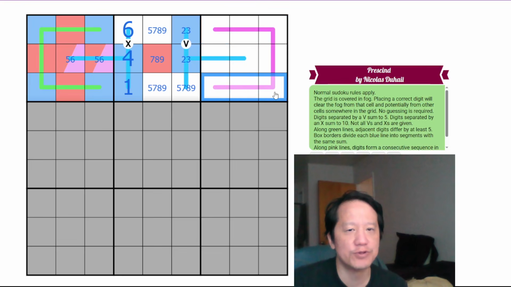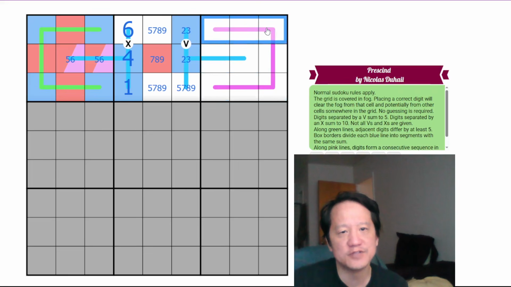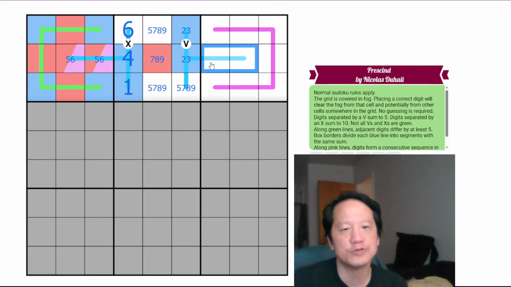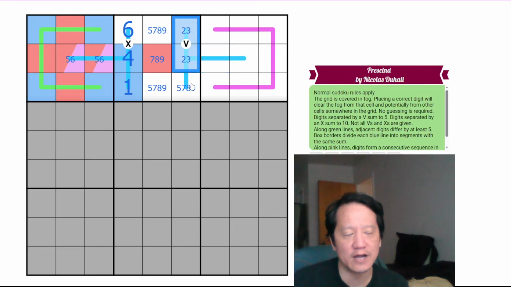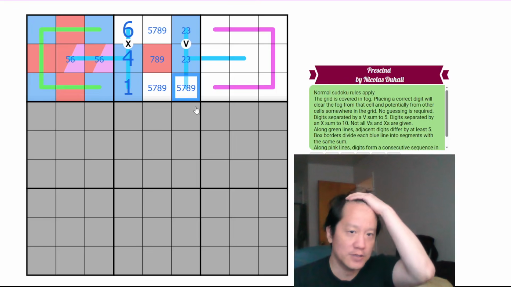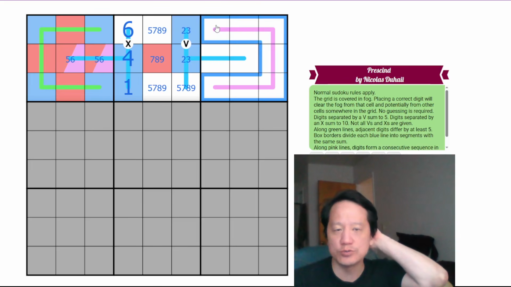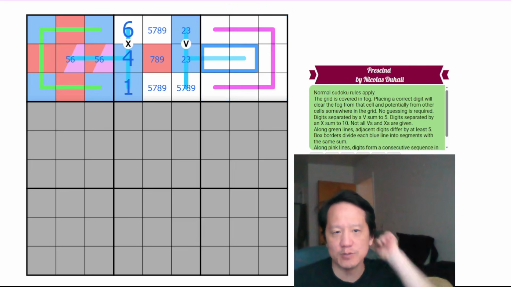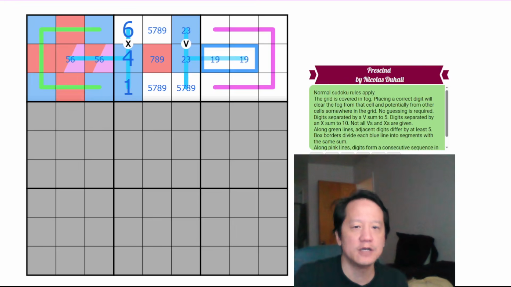So if this were 3 through 9, this would be 1 and 2, but that's not possible. So this has to be either 1 through 7. Actually, if this is 1 through 7, that would force this to be 8 and 9, which adds up to 17, but 17 minus 5 would have to have a digit adding up to 12, which is obviously not possible. So therefore, this must be 2 through 8 on the Renban, and this must be 1, 9 as a pair here to add up to 10.